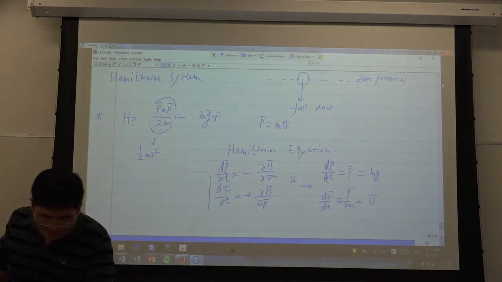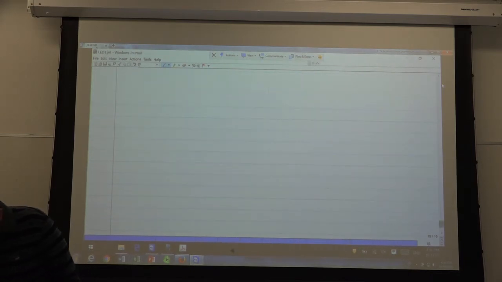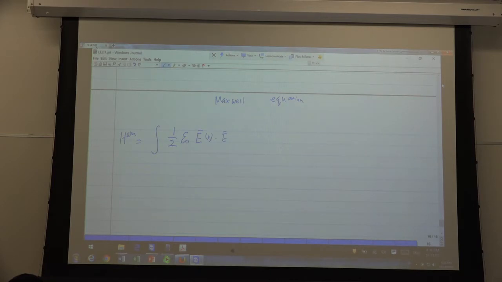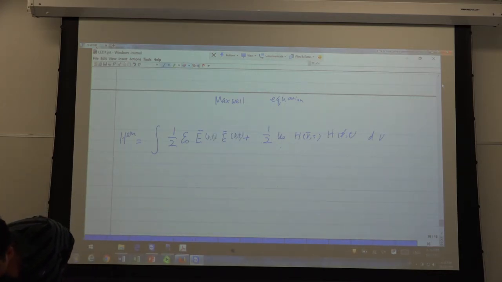Then we talk about the Hamiltonian equation for Maxwell's equations. For Maxwell's equations, the total stored energy is one half epsilon E squared plus one half mu H squared, in the time domain, integrated over dV. This is the total energy in free space, a sourceless region with no charge and no source.